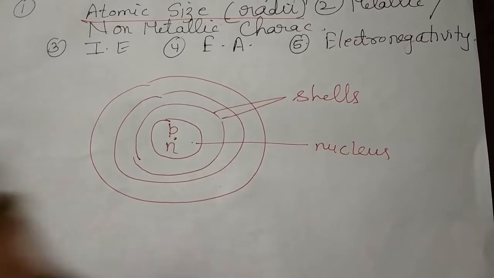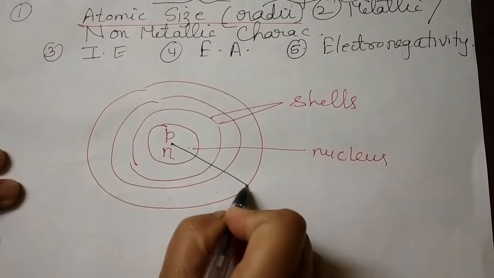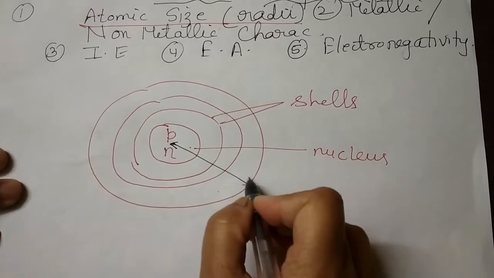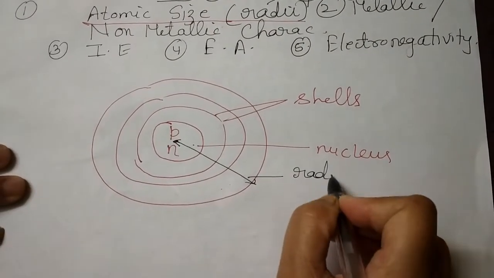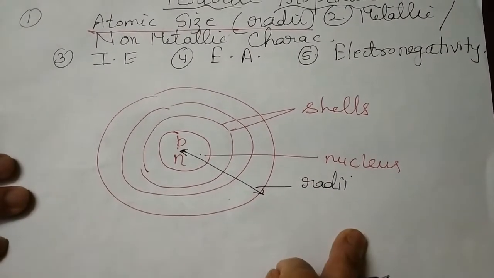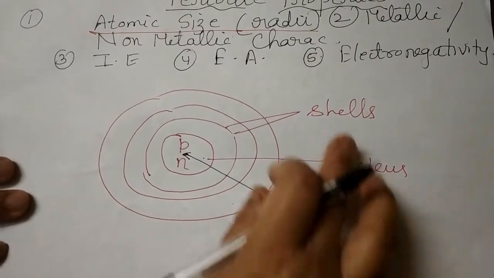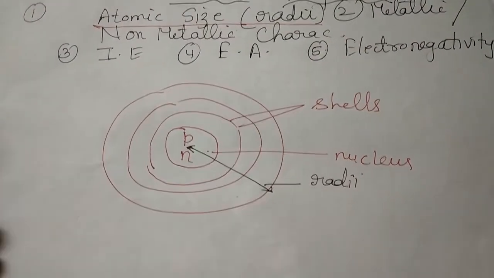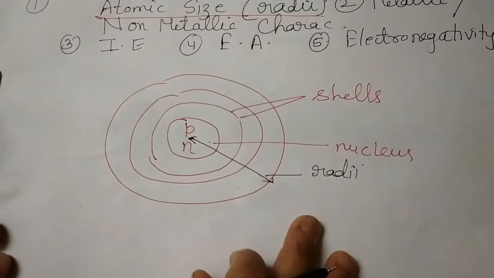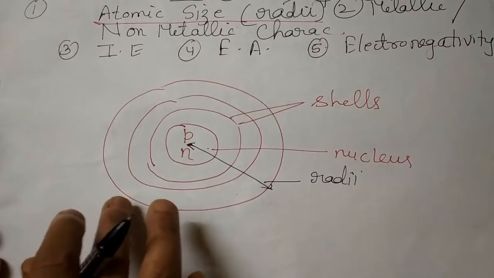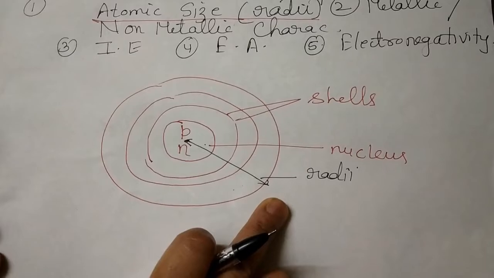The distance between the center of the nucleus and the outermost shell. So this actually becomes the radius of an atom. So this is the radius. We are not measuring it, but in general we consider approximately this as the atomic size. So when we say atomic size, we mean atomic radii.